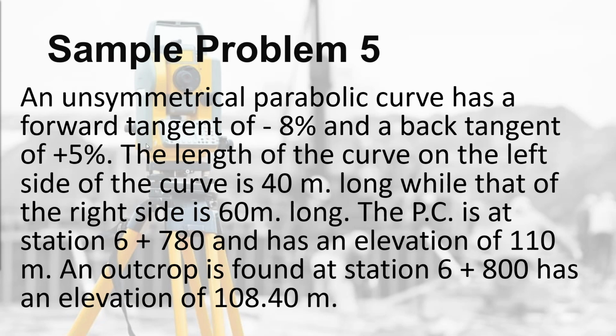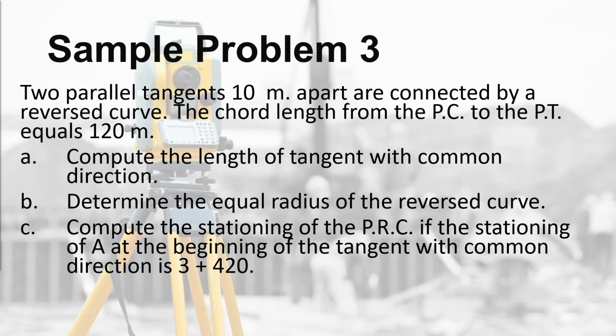So, ang coverage is simple, compound, reverse, symmetrical, asymmetrical, parabolic curve, mapa-sag or mapa-summit curve siya. Again, i-upload ko na lang yung mga sample problems for you to practice, and then yung solution for you to check your solution sa pagtatry.